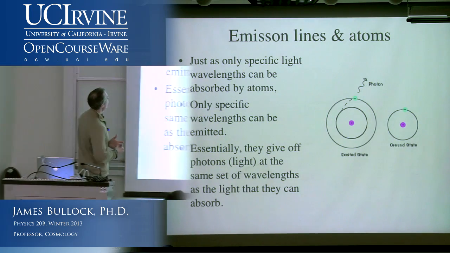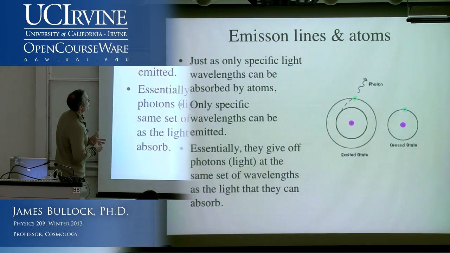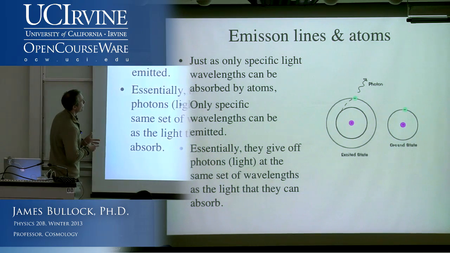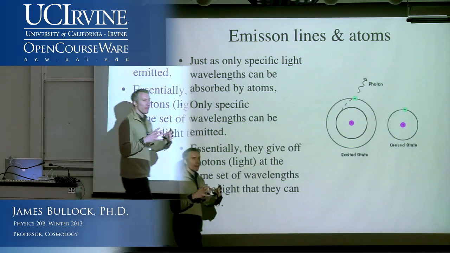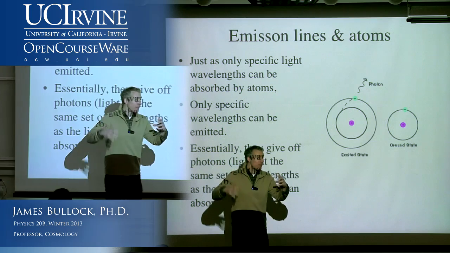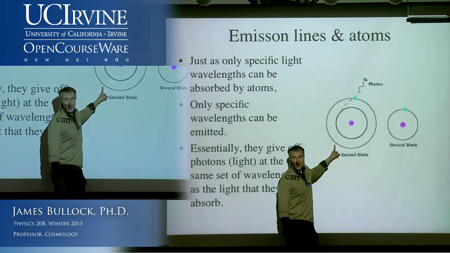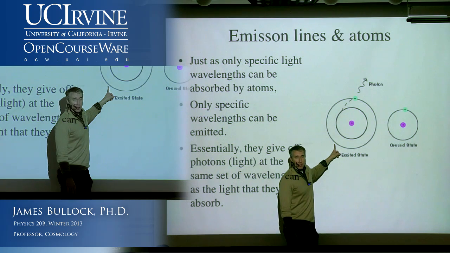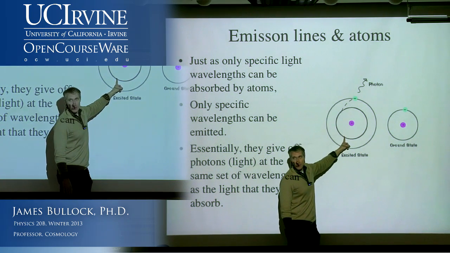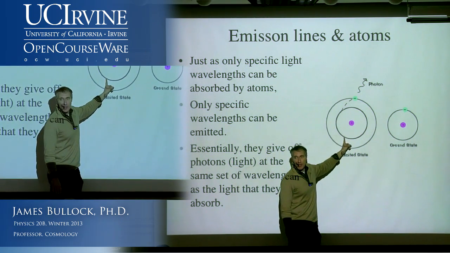So more specifically, if you now have an atom that's been excited, so you have an electron that's been pushed out to its excited state, a little while later it'll fall back down to its ground state. And when it does, it has to give up energy.